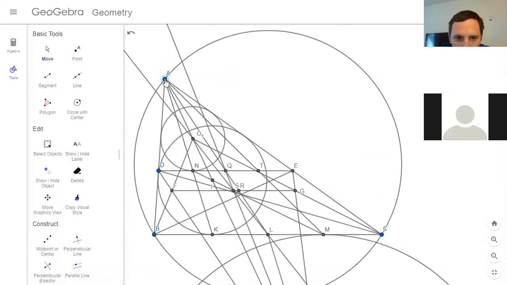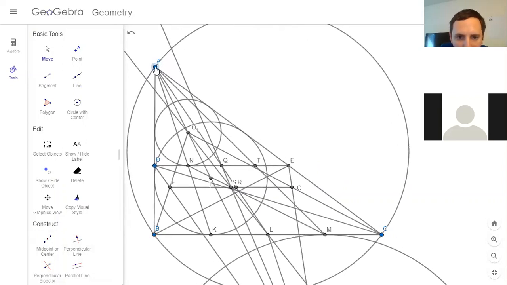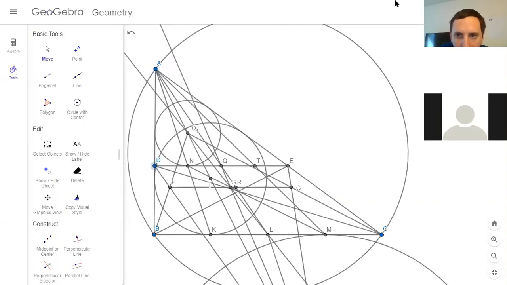LS and O1 are collinear. I think at least. Is that obvious? That's because FG is parallel to BC. Yes, so since S and L are both midpoints, that would have to be true.